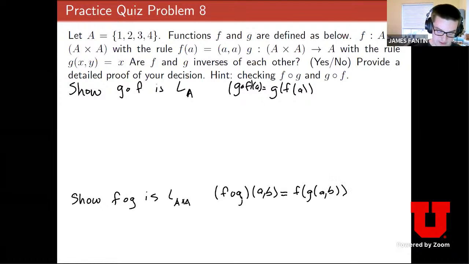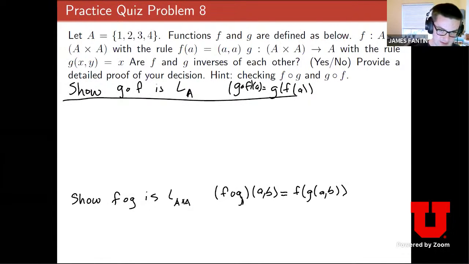G takes something from the cross product to the set A, and F takes something from the set A to the cross product. So this is just mapping cross products to cross products. So we need to show that it maps everything in A cross A to itself. And if both of these cases hold true, they're inverses of each other. So let's try to show this first part.